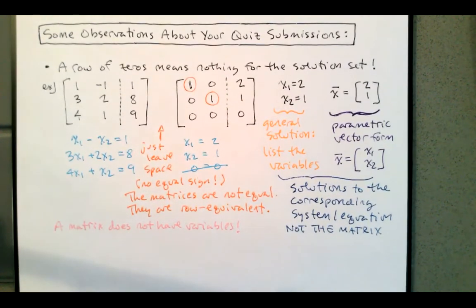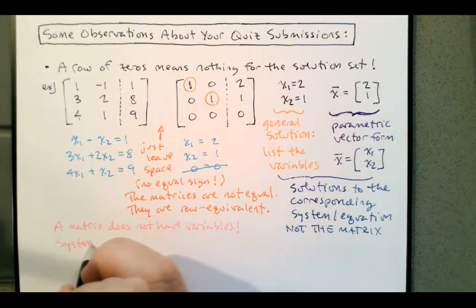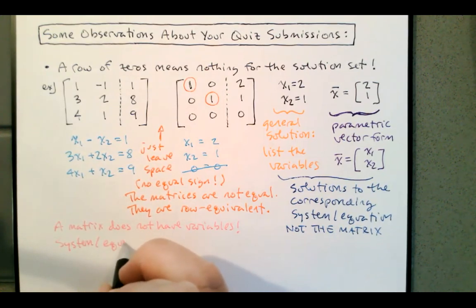So you wouldn't want to say that the matrix has a free variable. That doesn't make any sense at all. A matrix does not have a free variable because a matrix does not have variables at all. Equations have variables. The solution set to a linear system or an equation could have free variables. A matrix does not have variables.